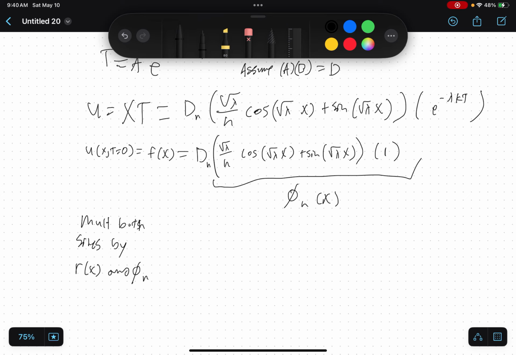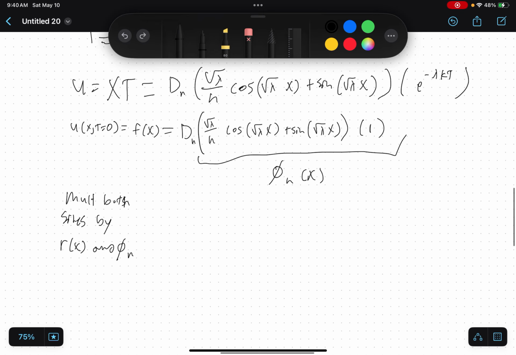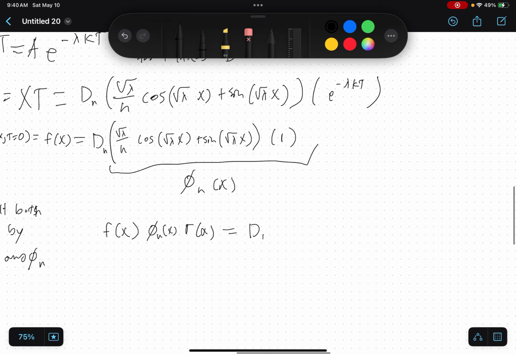So now, if we multiply both sides by that, we have f of x times phi n of x times r of x equals dn phi n of x times another phi n of x times r of x.